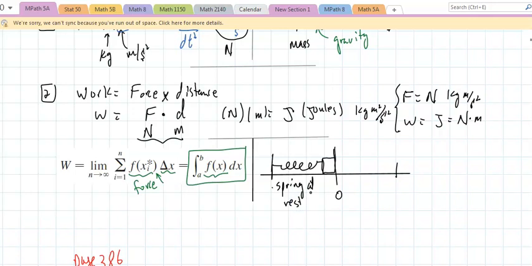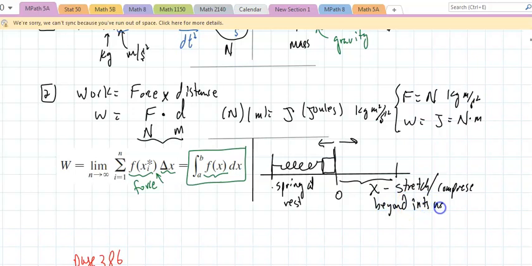Wherever it stops, assume that's 0. Now you could either compress this or stretch it. We're going to say X would be the actual stretch beyond. So this is the stretch or compression beyond its natural length.